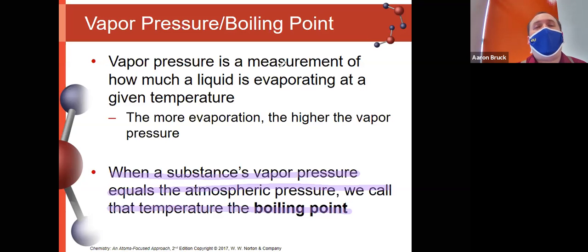So when we say that the boiling point of water is 100 degrees Celsius, that implies that we are at sea level. And that also tells you that the vapor pressure and the atmospheric pressure have met each other. And it's for this reason why we can exhibit different boiling points at different elevations.